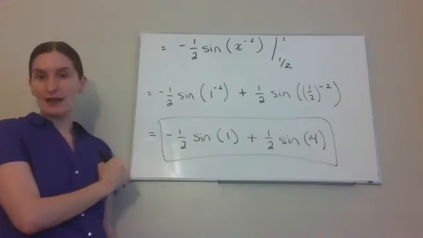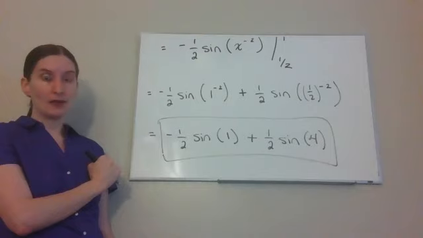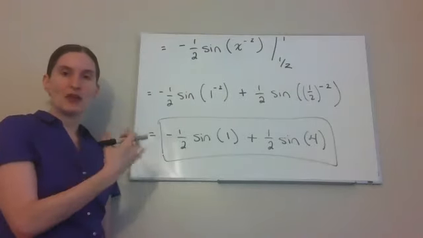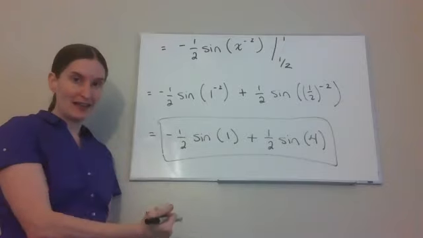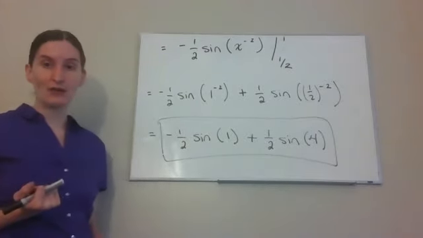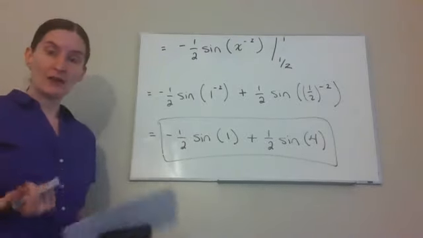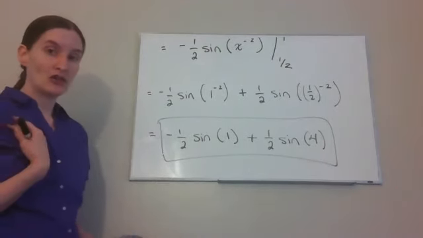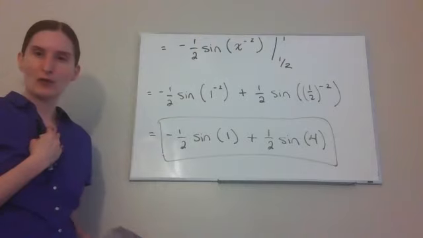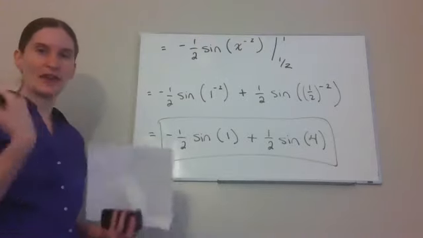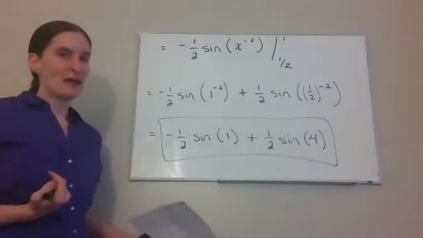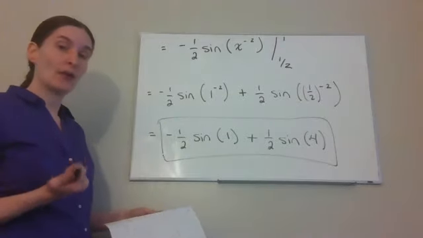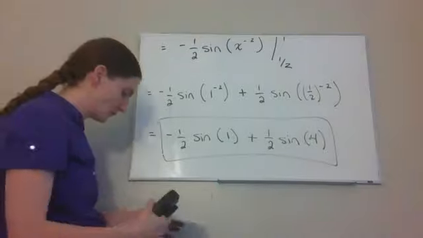The second way, I did not change my bounds of integration, and instead I back substituted and plugged that u value back in before I plugged in my bounds of integration. Either way is fine, and you get to the right answer either way. I personally like changing my bounds because I would rather do the work at the beginning rather than at the end, but really they end up being about the same amount of work either way. So you just need to find your personal preference.